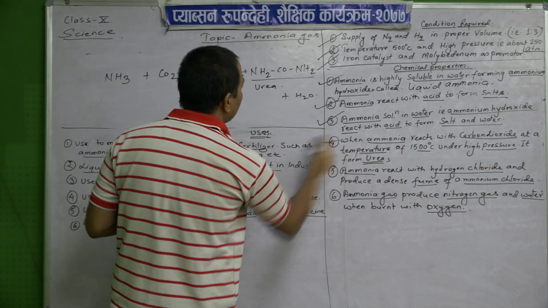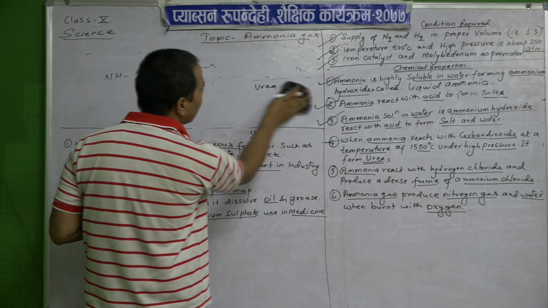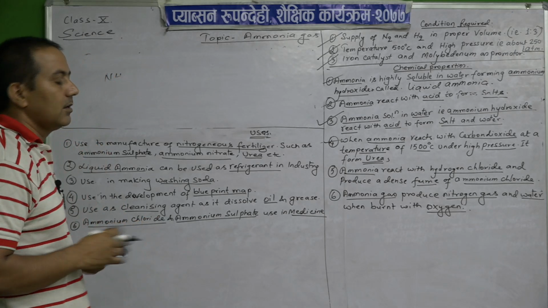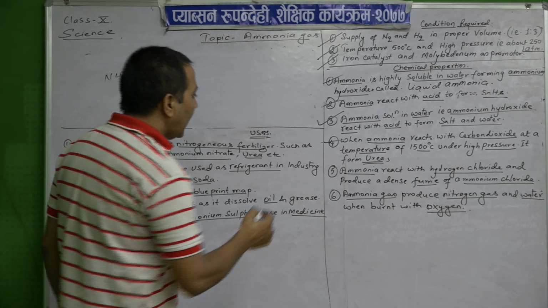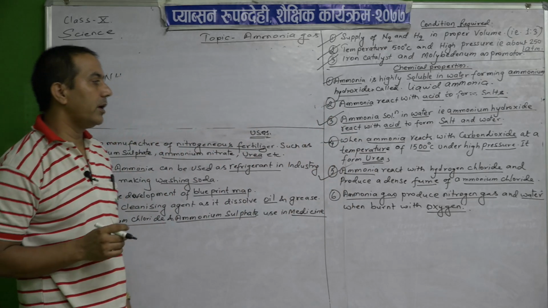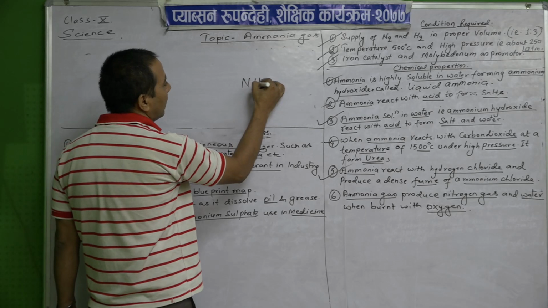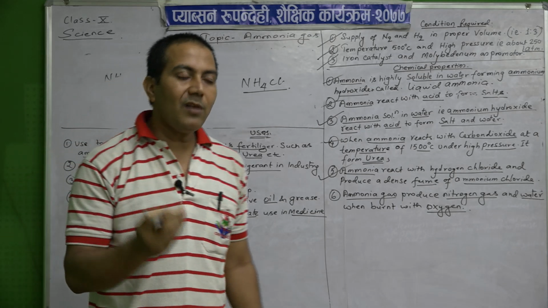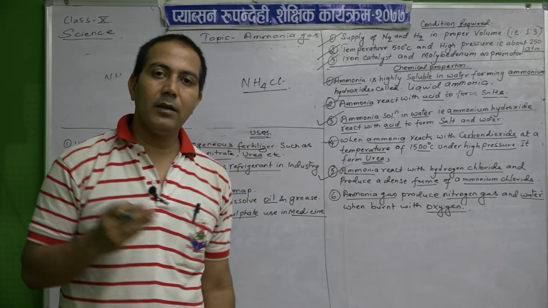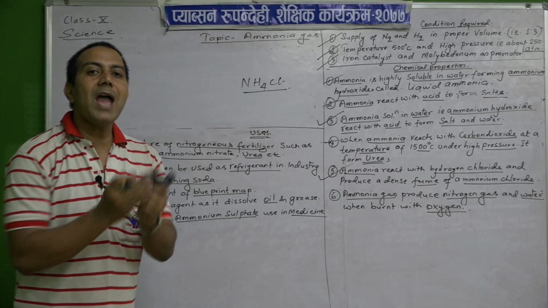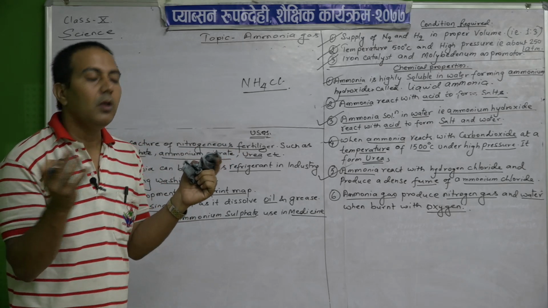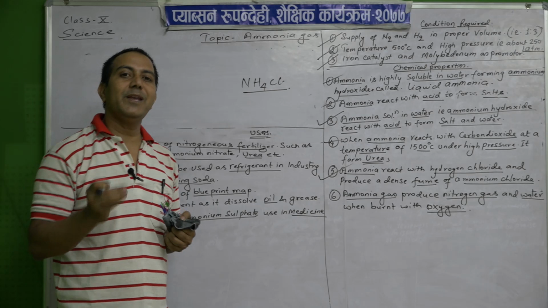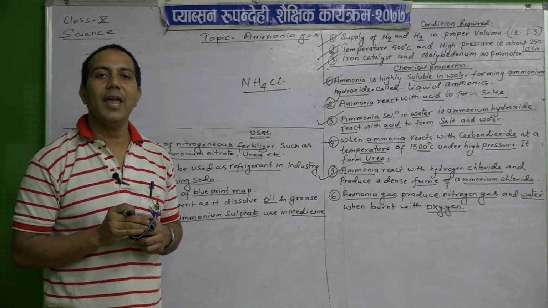So next one, ammonia reacts with hydrochloric acid. We have already done this one. When ammonia reacts with hydrochloric acid, it forms NH4Cl, ammonium chloride, and while forming the ammonium chloride, what happens? It will produce a white fume, like smoke, and that is the experiment for testing whether the gas is ammonia or not.